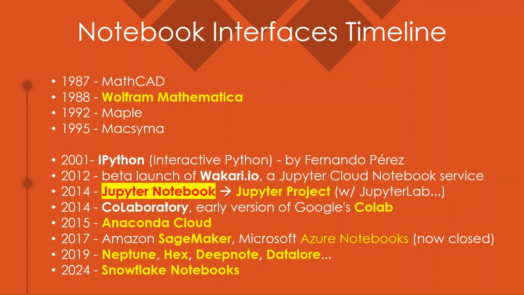Historically, by 2012, more than 10 years later, they launched a website called Wakari.io, a Jupyter Cloud Notebook service.